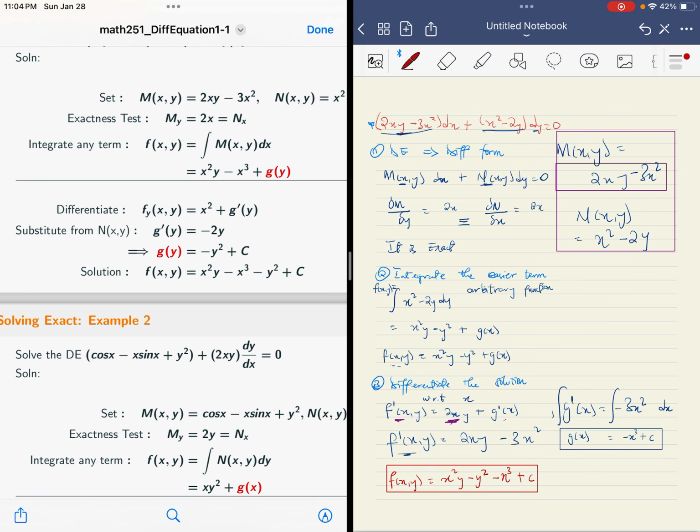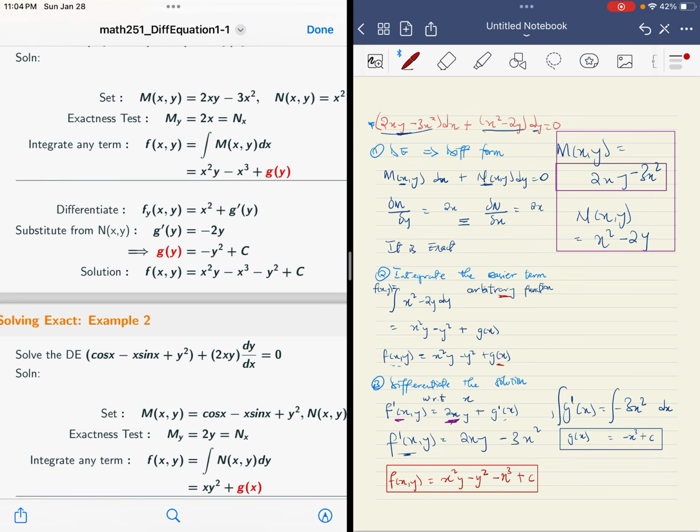The second step is that if it is exact, we take either of the m of xy or the n of xy, whichever is easier to integrate, and then we integrate it. Upon integrating, we do not obtain a solution with an arbitrary constant, but we obtain a solution with an arbitrary function, which in this case was our g of x.